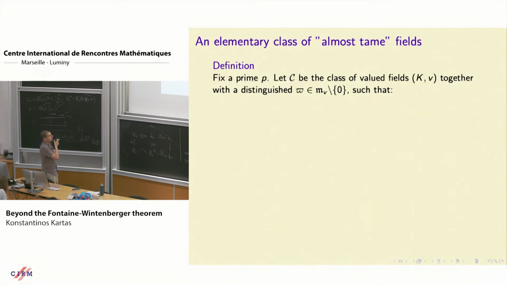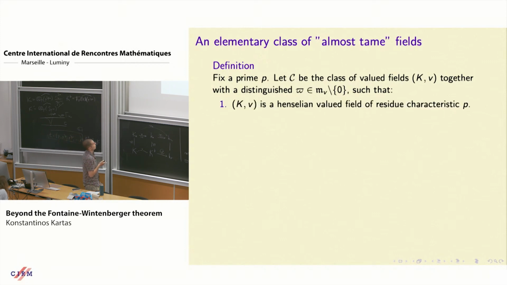Fix a prime P. C is going to be the class of valued fields together with a distinguished non-zero element varpi in the maximal ideal, such that K with valuation V is Henselian of residue characteristic P. O mod P is semi-perfect, so the Frobenius is surjective.